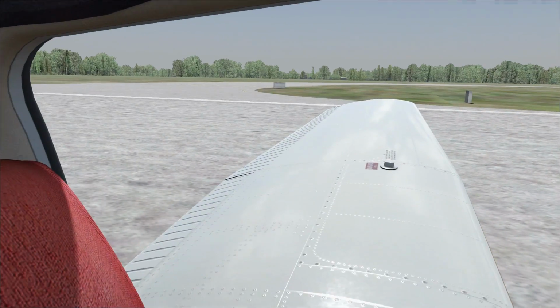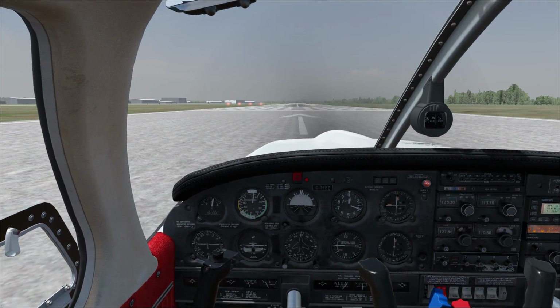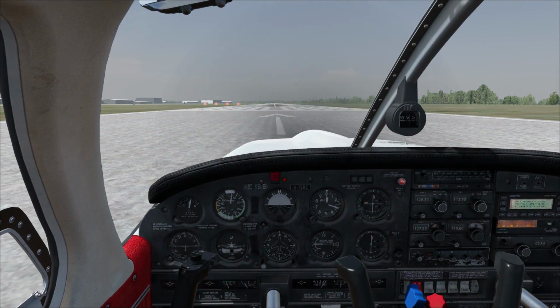Anyway, with that out the way, first thing I'm going to do is make sure the flaps are down, ready for takeoff, and we are going to do a little bit of theory on the ground before taking to the skies in a very interesting fashion, because I have set up a pretty stiff wind over here. Where am I?